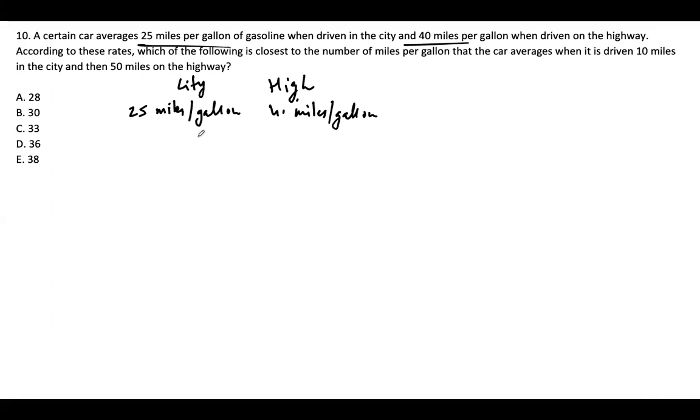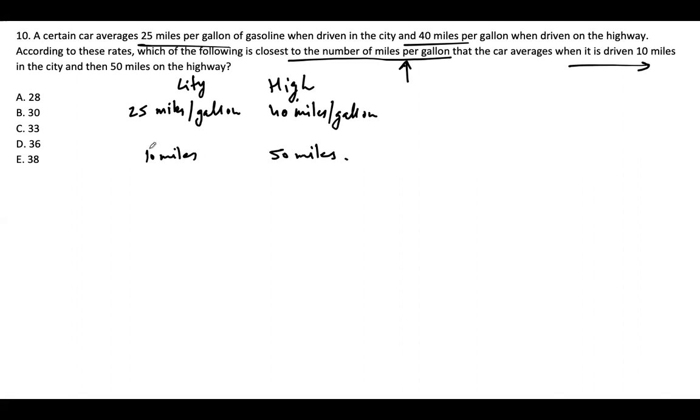According to these rates, which of the following is the closest to the number of miles per gallon that the car averages when it is driven 10 miles in the city and 50 miles on the highway?